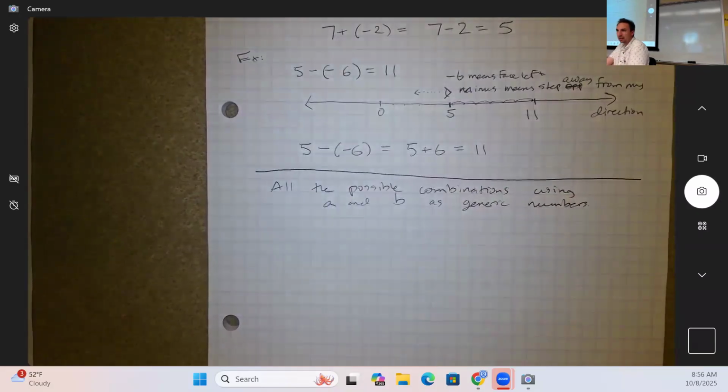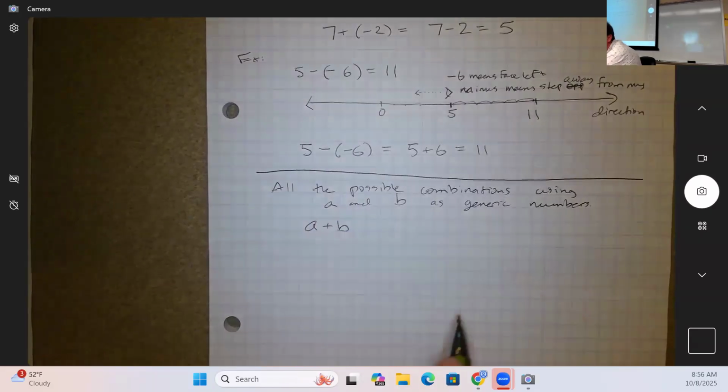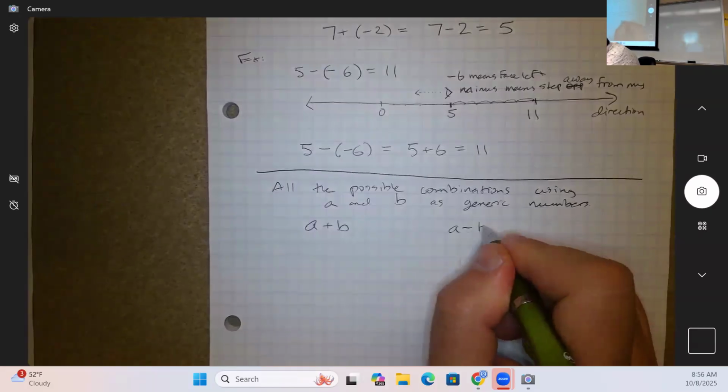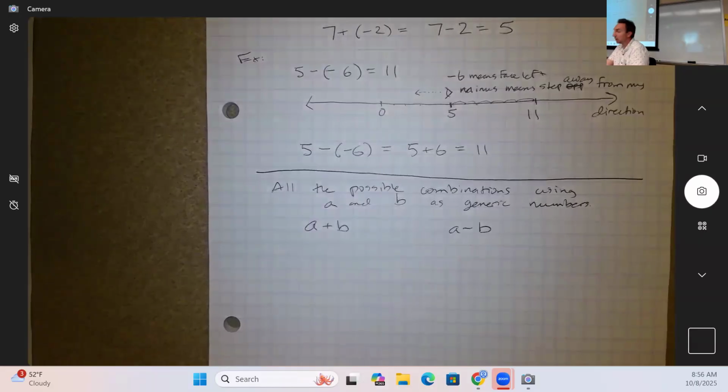I'm not going to use 5 and 6 or 7 and 2. I'm going to use A and B. We've got A plus B. That's one combination. We've got A minus B. That's another combination. Those are the straightforward ones.